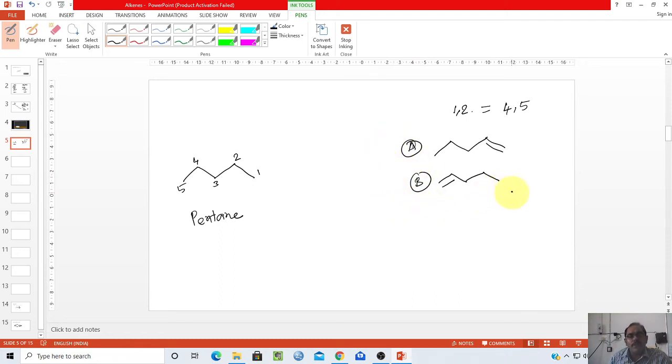So what is the name for this? Start from here. So this is 1-pentene. And what about option B? You should not start from here. This is wrong. So I'll rub it.